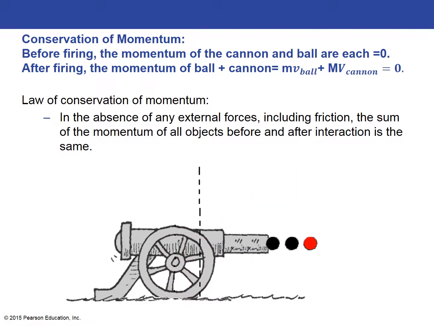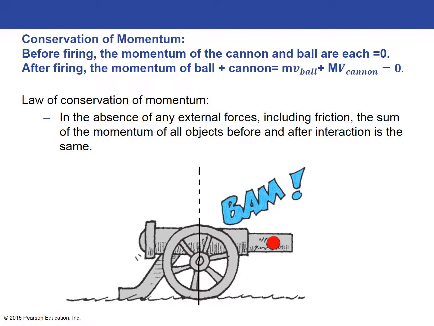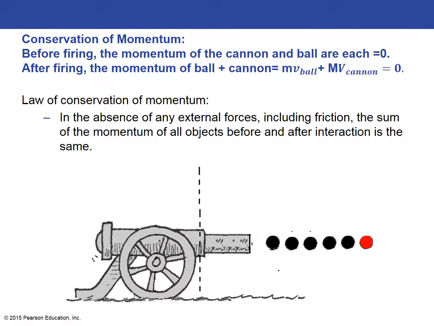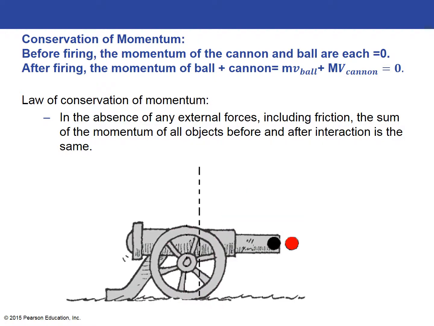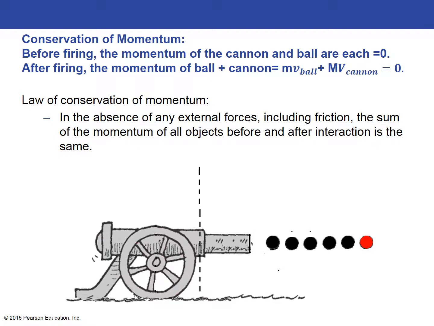So this is a very powerful rule that basically tells us how to calculate many quantities or properties, such as the velocity of objects after they collide. We'll have an example later on in the lecture.